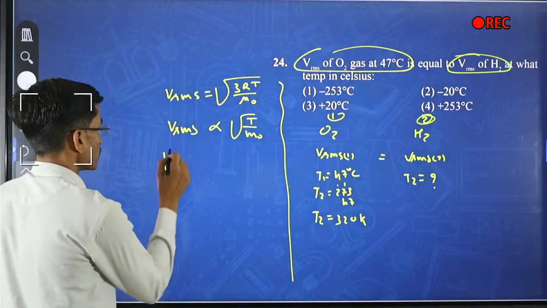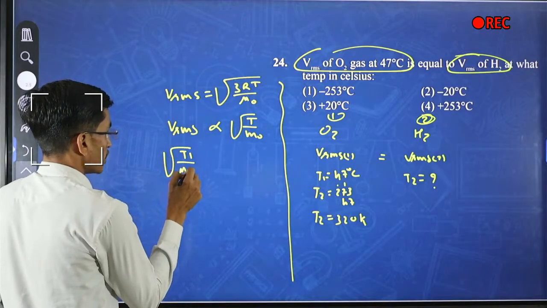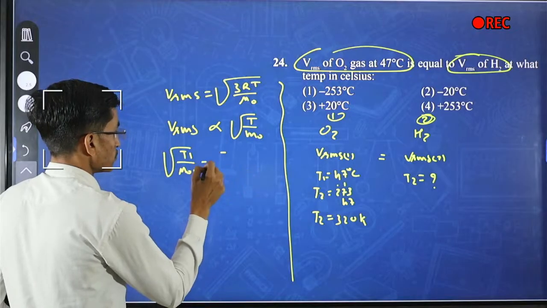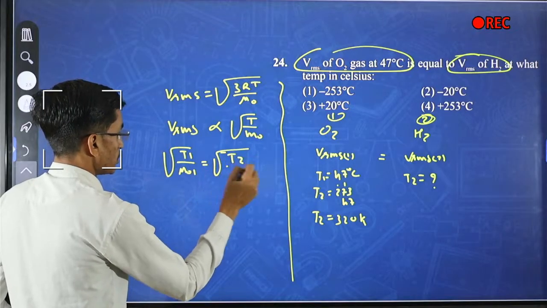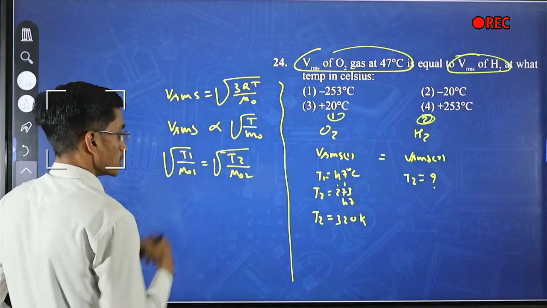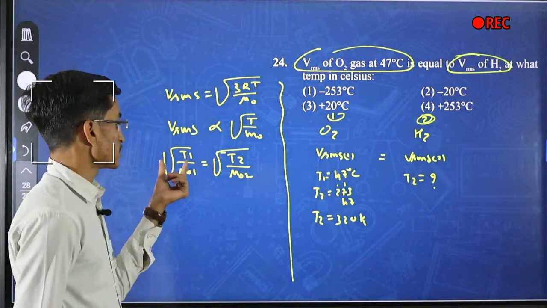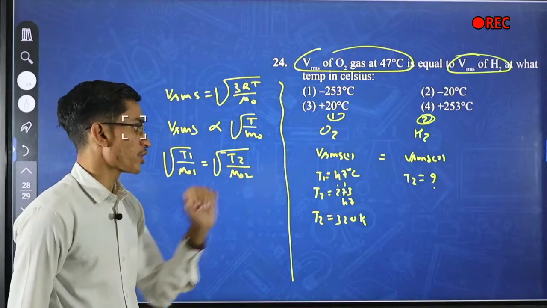So we can say that T1 upon m01 is equal to T2 upon m02. So here T1 terminology is considered as oxygen and 2 is hydrogen.